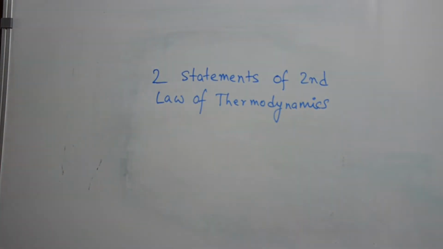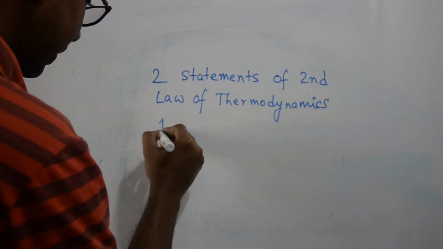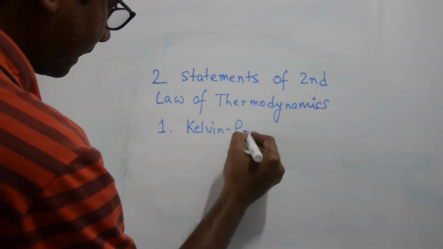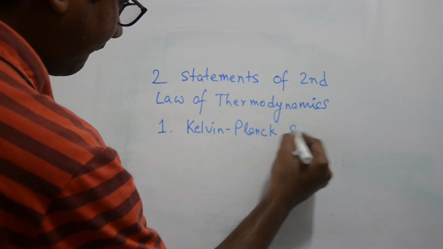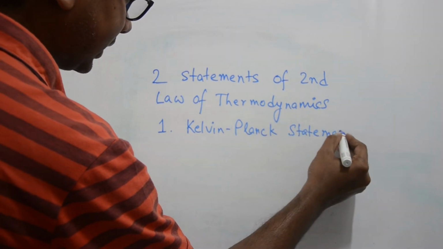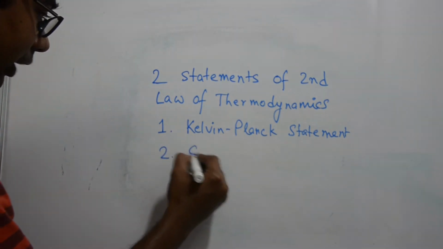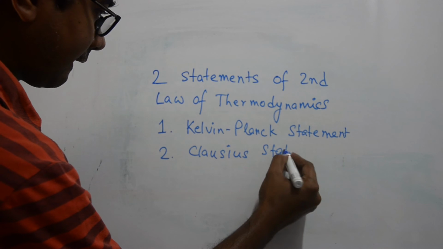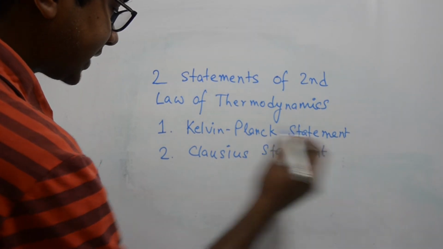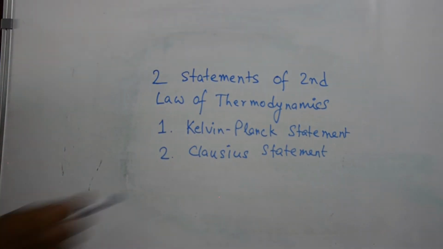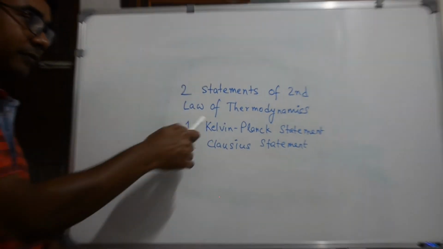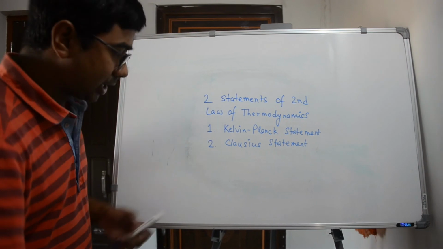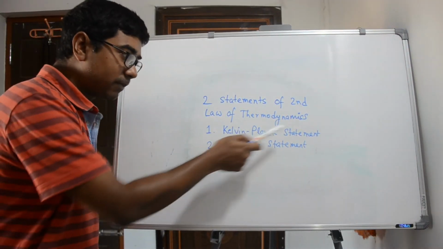The first statement is called the Kelvin-Planck statement, and the second statement is known as the Clausius statement. Both statements look a little different, but eventually they are equivalent. They are the same.